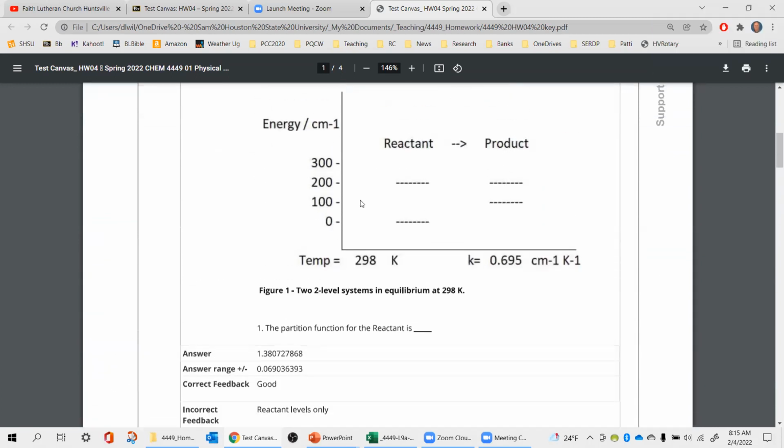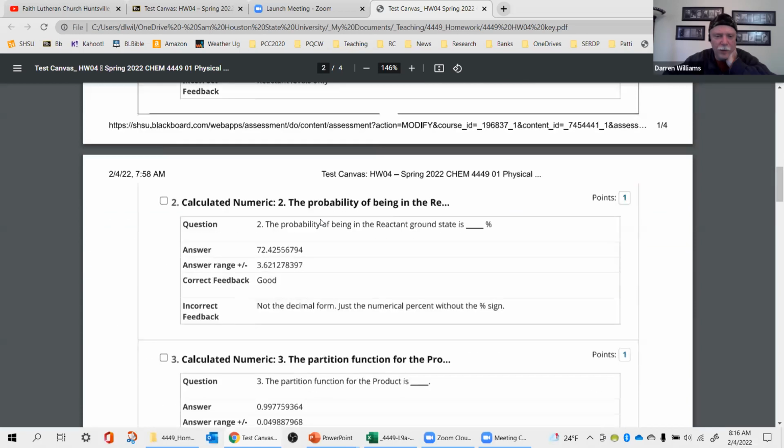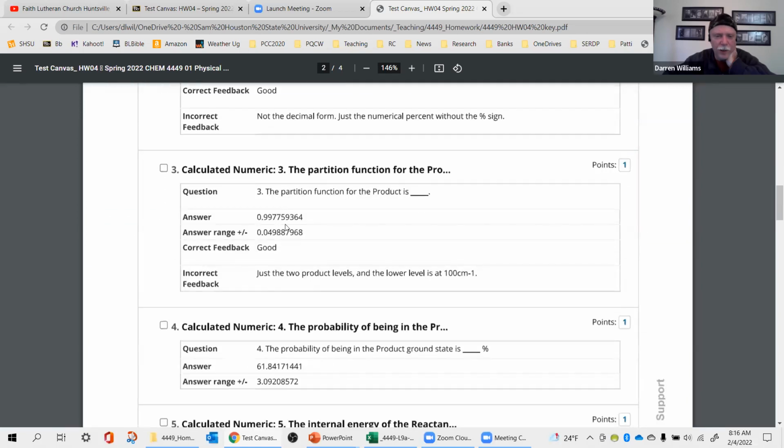But if your ground state has 100 wave numbers of energy, there must be some other place that's 0. In this case, the level with 0 energy is the reactant state, and so the product is 100 wave numbers and 200 wave numbers. Notice the partition function for the product is 0.997. So it's not 1, it's close, but it's not 1.